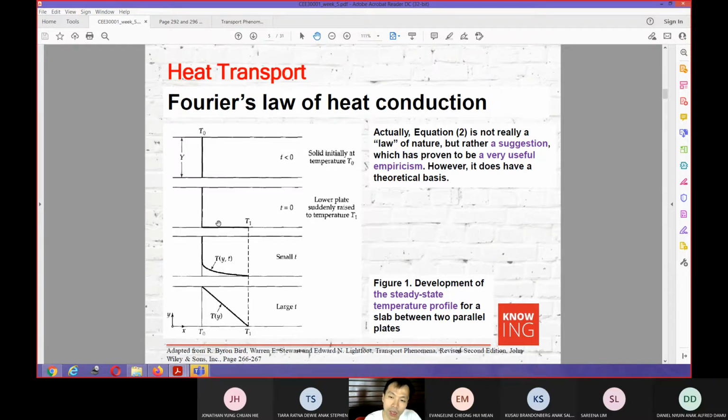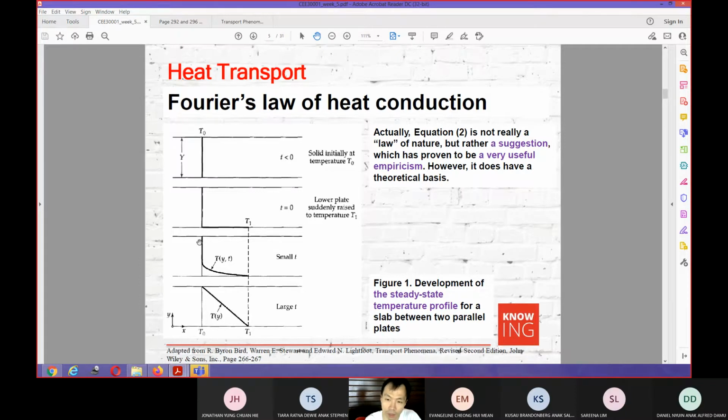So when you heat the plate on the bottom to a higher temperature called T1, there will be an increase in the temperature profile. Suddenly at this particular point, it will be T1. When you keep on waiting as a function of time, you see that a temperature gradient will form along your slab.